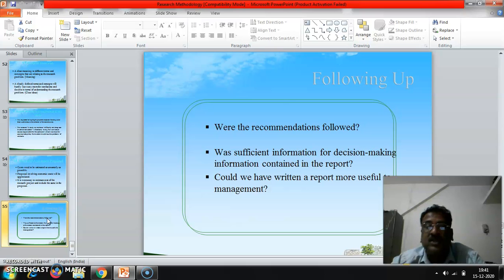But due to environmental factors, the external environment unknowingly led to our plan completely failing due to the COVID-19 pandemic. So sometimes our written report may or may not be useful to the management. However, it is the duty of the research and development organization to submit the report to the management who appointed them for the research.